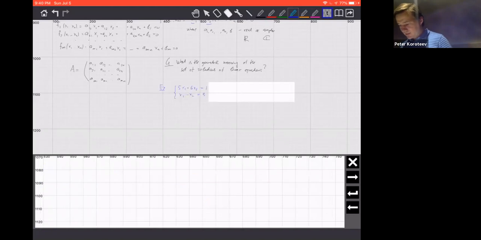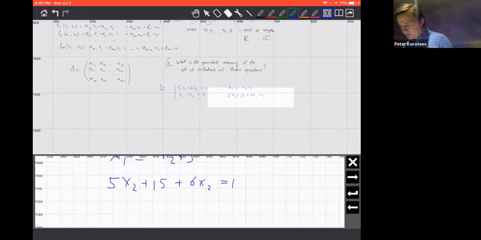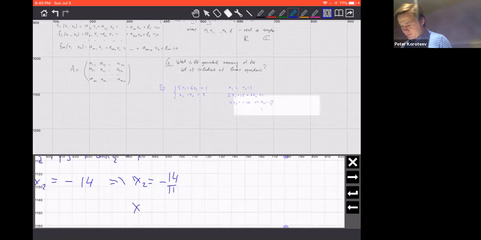Let's write it down. We're going to eliminate x1 using the second row: x1 is equal to x2 plus 3, and then plug it into the first equation. So 5x2 plus 15 plus 6x2 is equal to 1, so 11x2 is equal to negative 14. That is correct. So x2 is equal to minus 14/11, and then x1 is equal to 19/11.